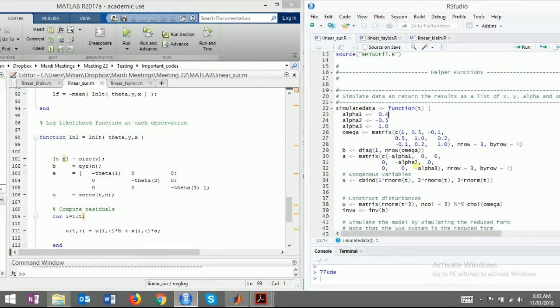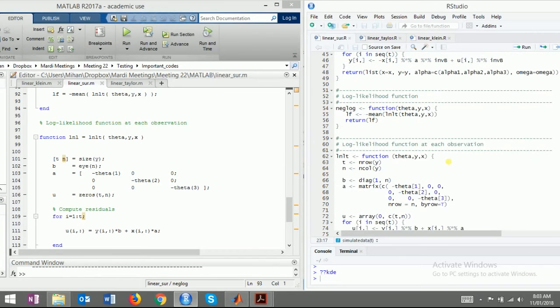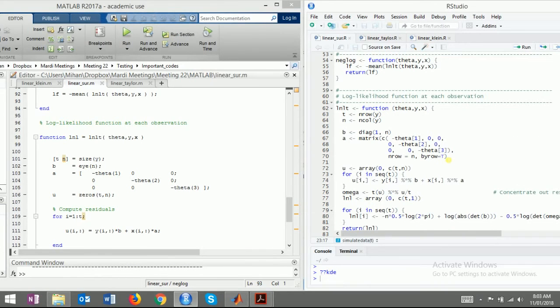We don't need the identity matrix because R cannot create an identity matrix. Simply the diagonal values of n are taken in B.